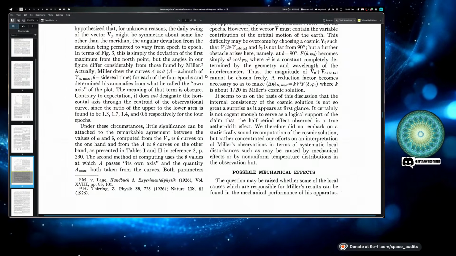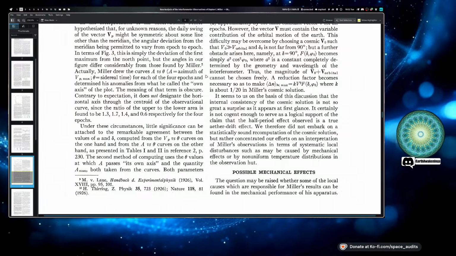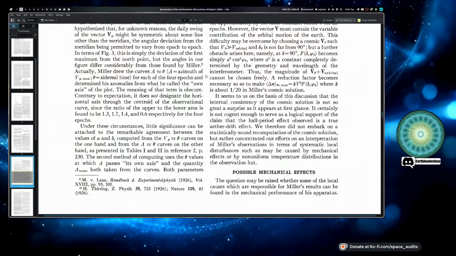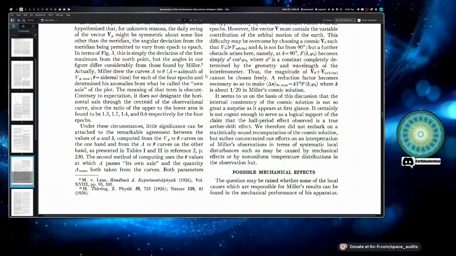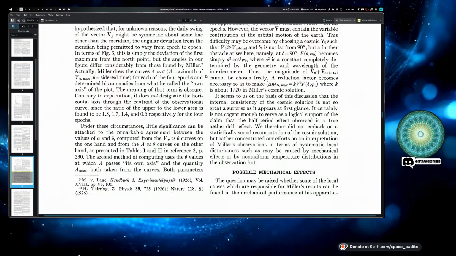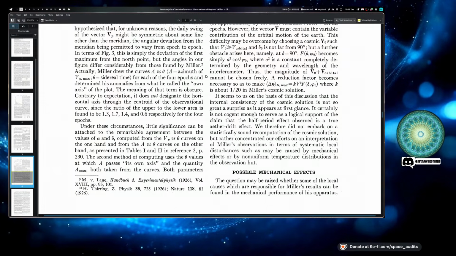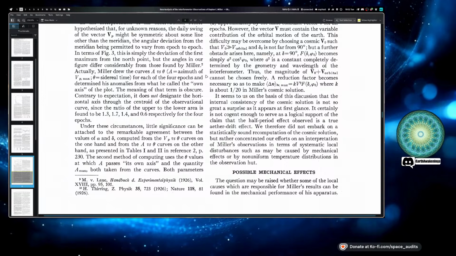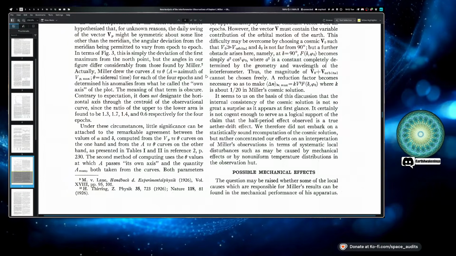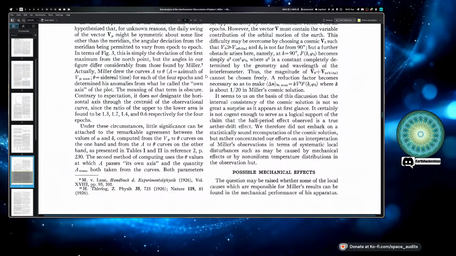We therefore did not embark on a statistical recomputation of the cosmic solution, but rather concentrated on the interpretation of Miller's observations in terms of the statistical local disturbances as may be caused by the effects of non-uniform temperature perturbations observed in the hut.